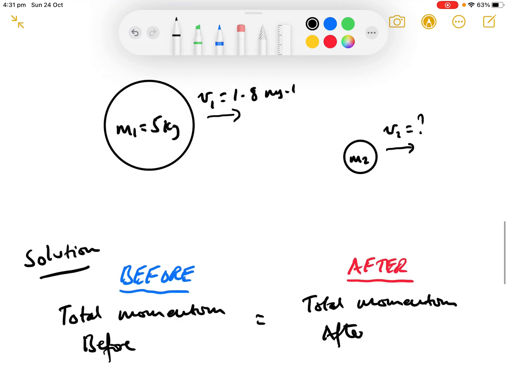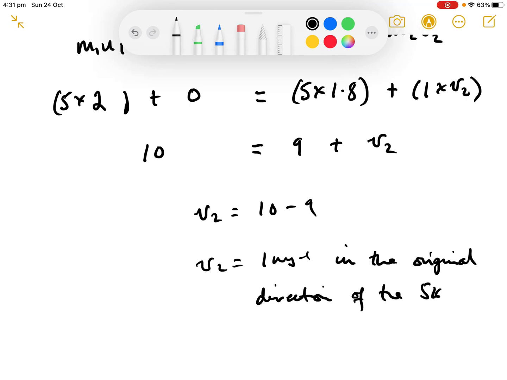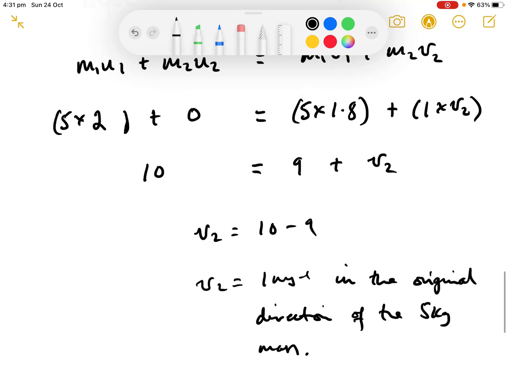meter per second. Now it is a vector quantity, so you need to specify direction, and the easiest thing to say is in the original direction of the 5 kilogram mass.